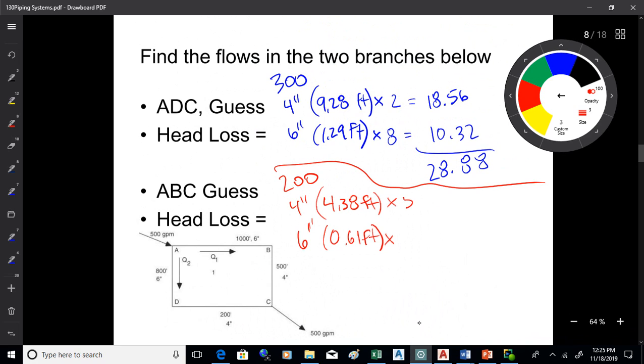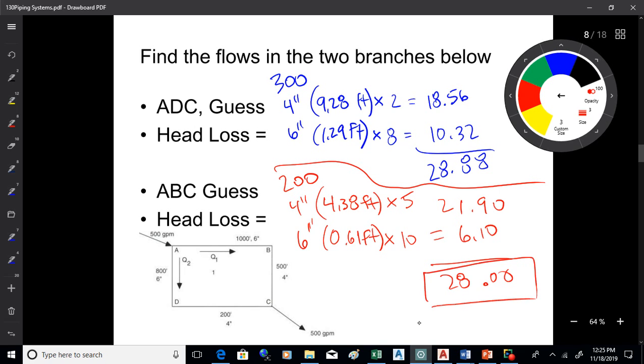Four-inch times 5, that times 10, so we get 6.10, 21.9. So here we get 28 flat, is that it? There we go.